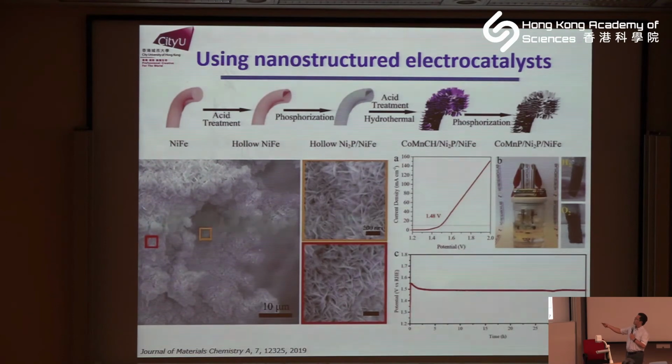Okay? So this is one of the records till now for the lowest overpotential that can split the water. However, it is still far away from 1.23, because the ideal voltage is 1.23. But still, this is already quite a good achievement to split the water using quite low potentials. Okay?